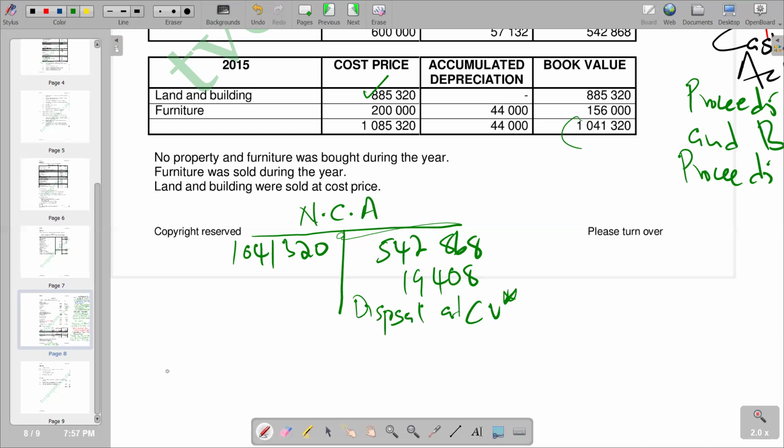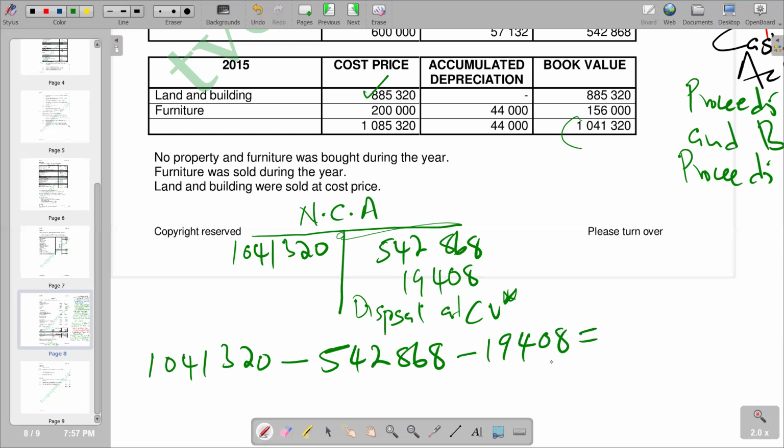So we can just put it down in an equation. To arrive at this figure, we are just going to say our opening balance, 1,041,320, we subtract your closing balance 542,868, and then we subtract your depreciation for the year 19,408.